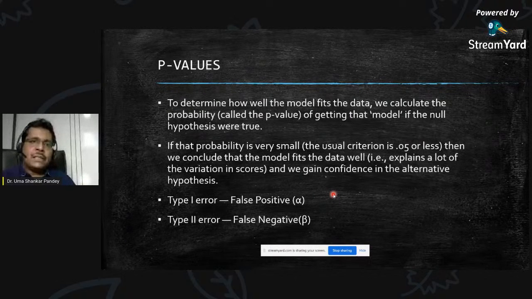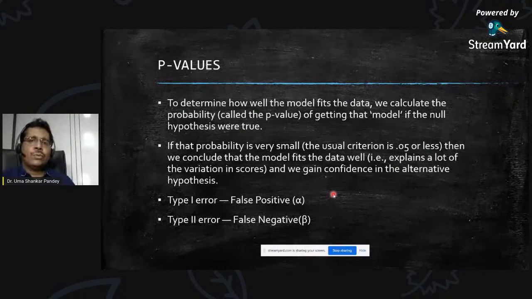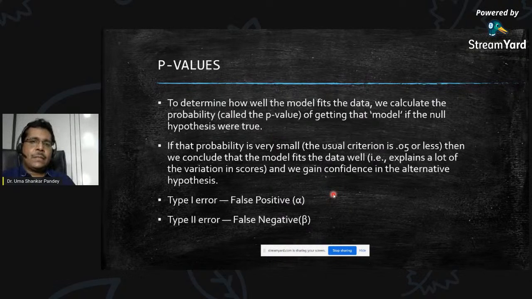Type 1 means false positive. False positive means that we are rejecting the null hypothesis when the null hypothesis is in fact true. The type 2 error is false negative. That means we are accepting the null hypothesis when it must be rejected. So one is false positive, the other is false negative.